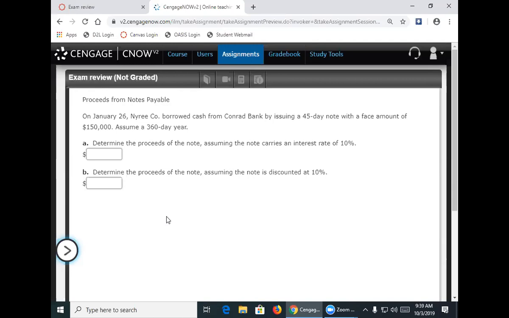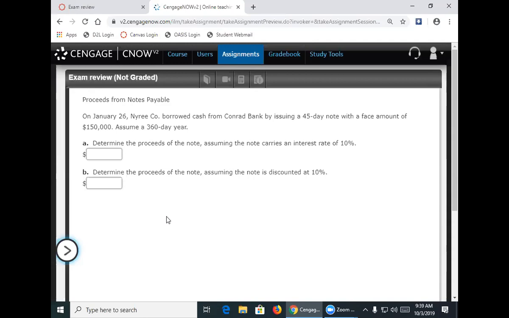If it's a discounted note, the proceeds are going to be the note minus the discount amount. So the proceeds are the cash that we're receiving when we issue the note. And we're actually going to do one of those first here in just a minute.